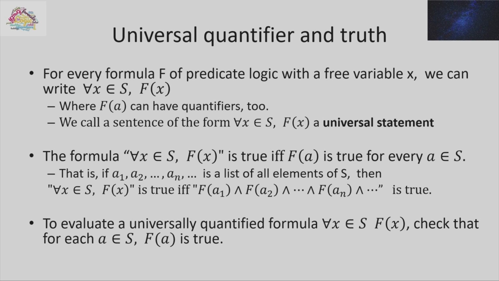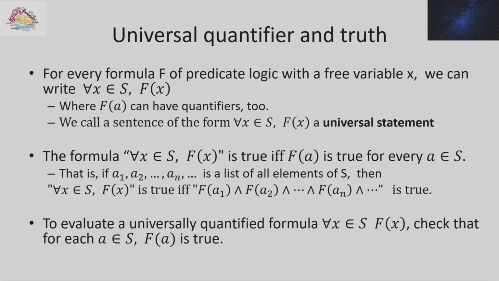So now, how do we determine whether something is true? Well, an expression of the form for every x in the domain S, f of x, is true if and only if for every element a in the domain, f of a is true.